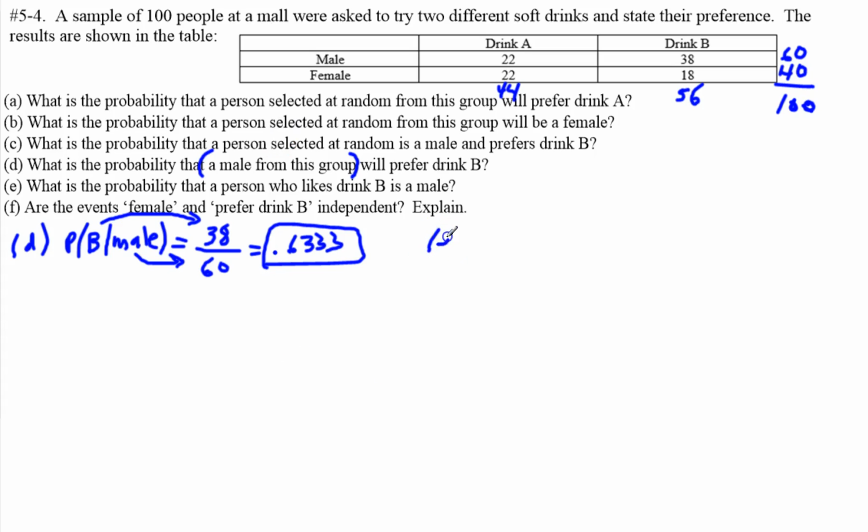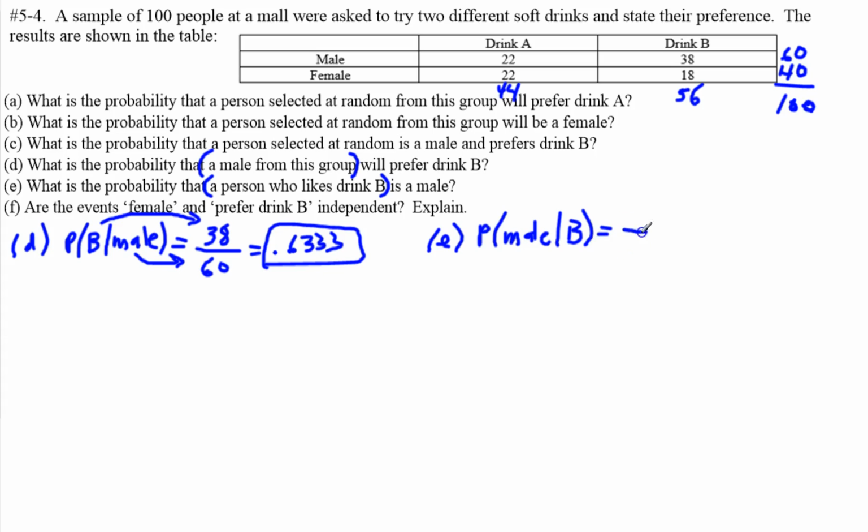Okay, let's look at E. E says, what's the probability that a person who likes drink B is a male? Okay, a person who likes drink B is the condition, because really this is asking what's the probability that someone is a male. So we're finding the probability that somebody is a male given the condition that they like drink B. So this is the condition but in the other direction.